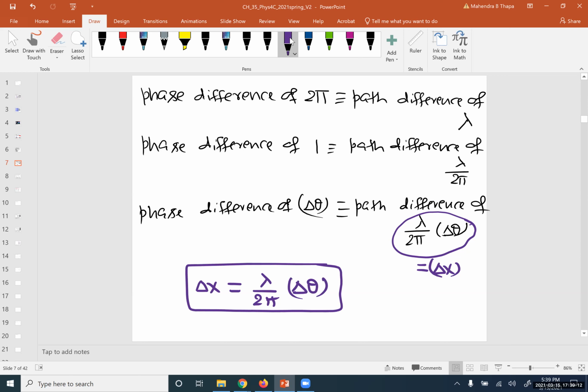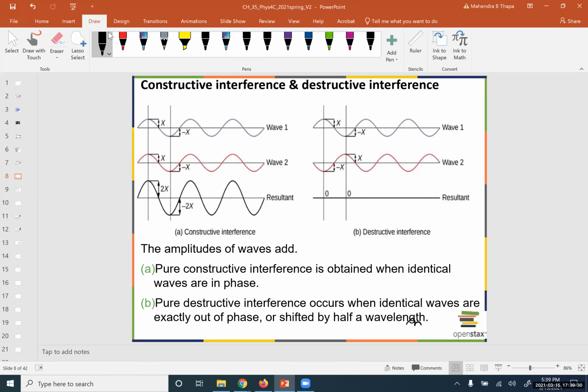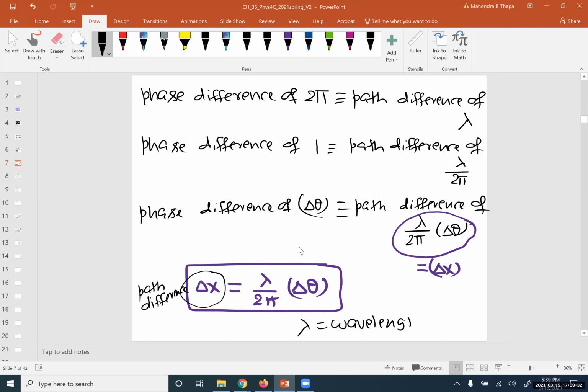Here delta x represents the path difference, lambda is the wavelength of each wave, and delta theta is the phase difference. So we can convert path difference to phase difference and phase difference to path difference by using this equation.